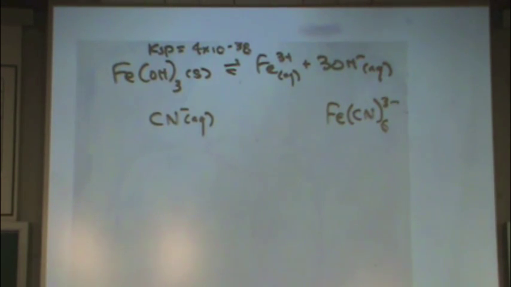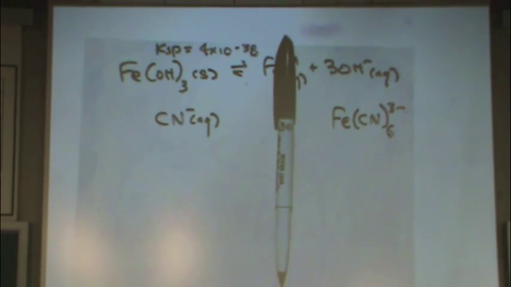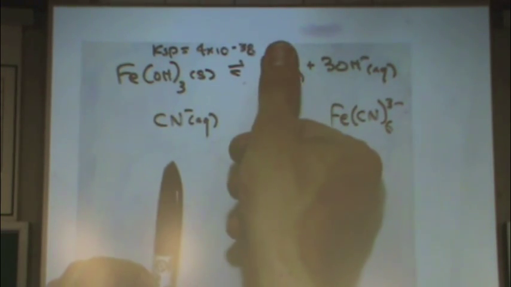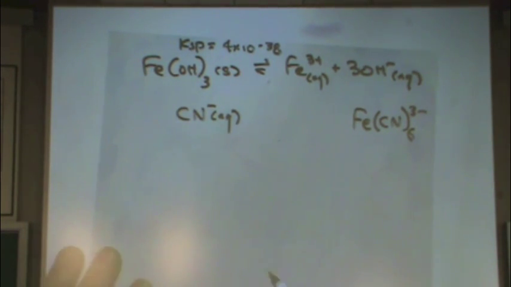Okay? So when you add cyanide, this compound forms. So you can see that the cyanide reacts with the iron and takes it away. If this is taken away, the reaction is going to shift which way, right or left? Yeah, as you remove this, it shifts to the right. So it's becoming more soluble right now. This is a way to make it more soluble.